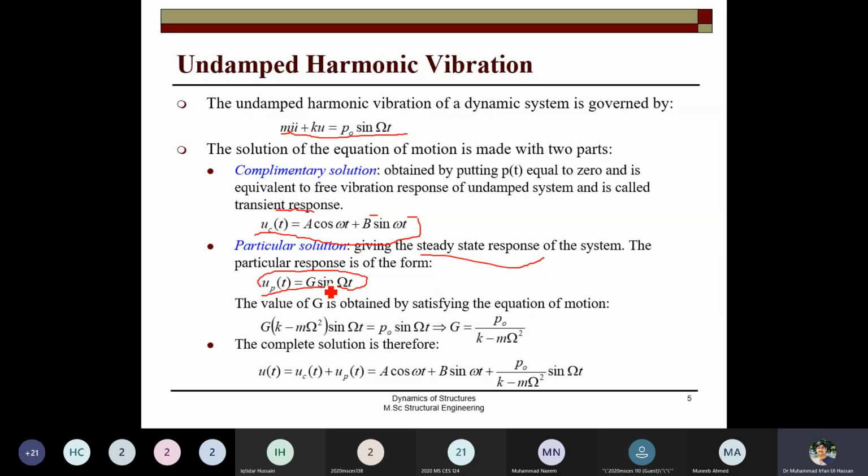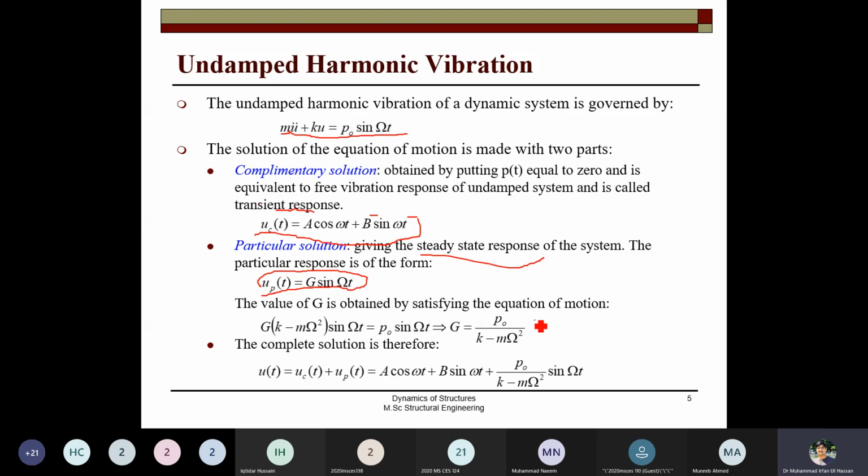So now when you get the G value, you take the first derivative and second derivative of it. We put the values of u double dot and u, and solve this equation, equal to p sin omega t.